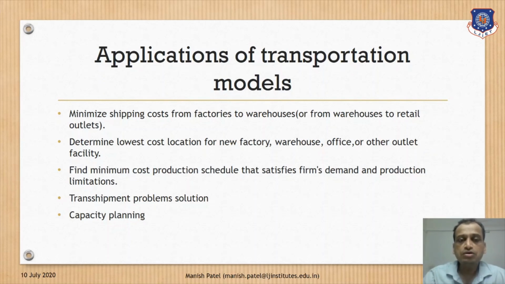Clear? They can also find out the lowest cost location for the new factory if they want to locate a new warehouse. Clear? If they want to determine a new warehouse location, these models will help them minimize the transportation cost.